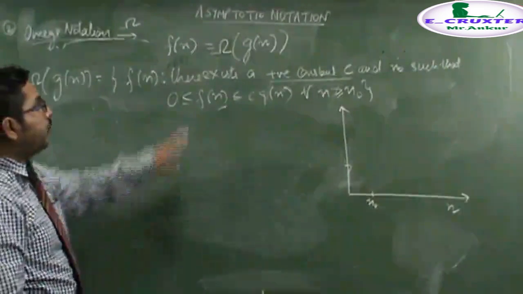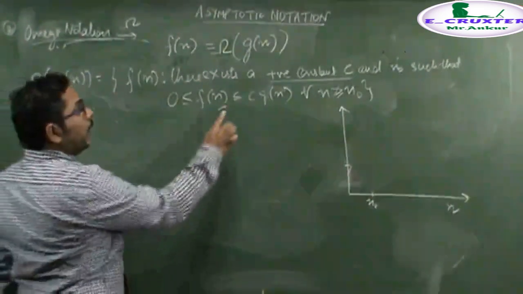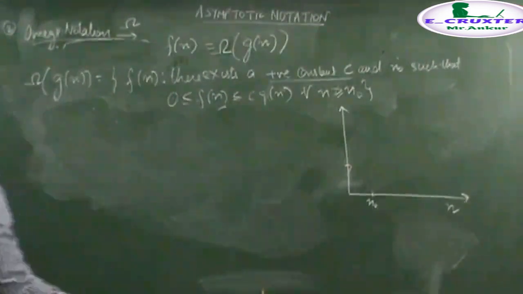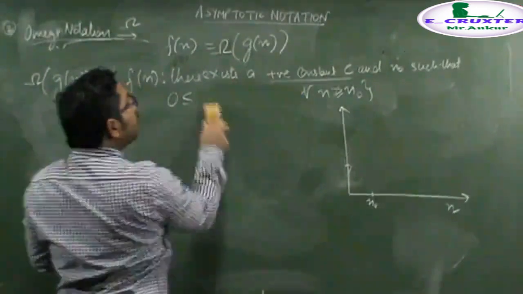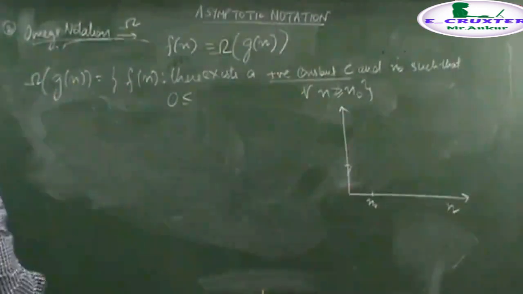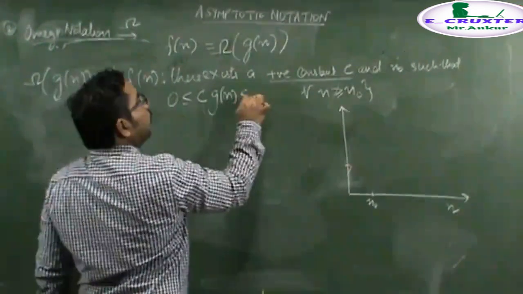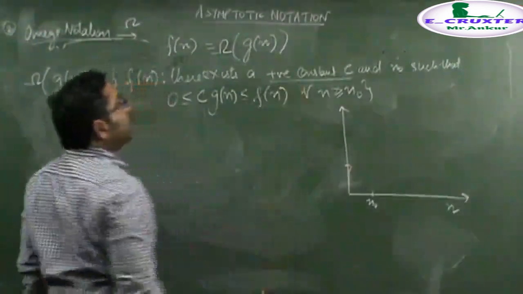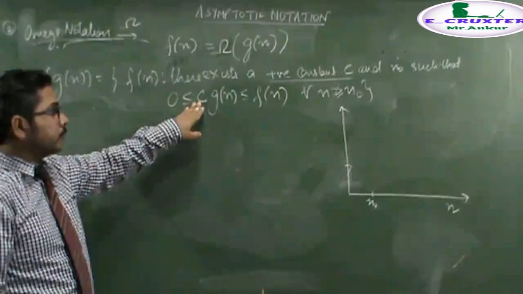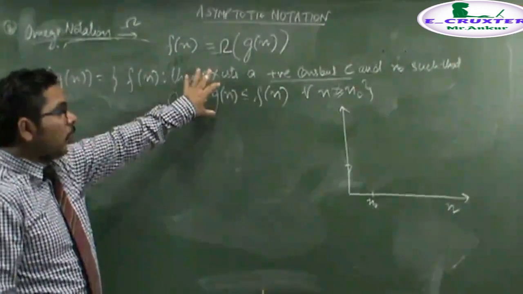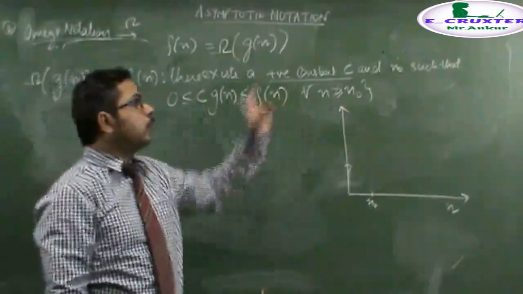As g(n) is acting as a lower bound for f(n), this equation will be: 0 is less than or equal to c multiplied by g(n), which is less than or equal to f(n). That is, if I multiply the g(n) function with some constant c, then the result is always smaller than the function f(n) for all inputs n greater than or equal to n naught.